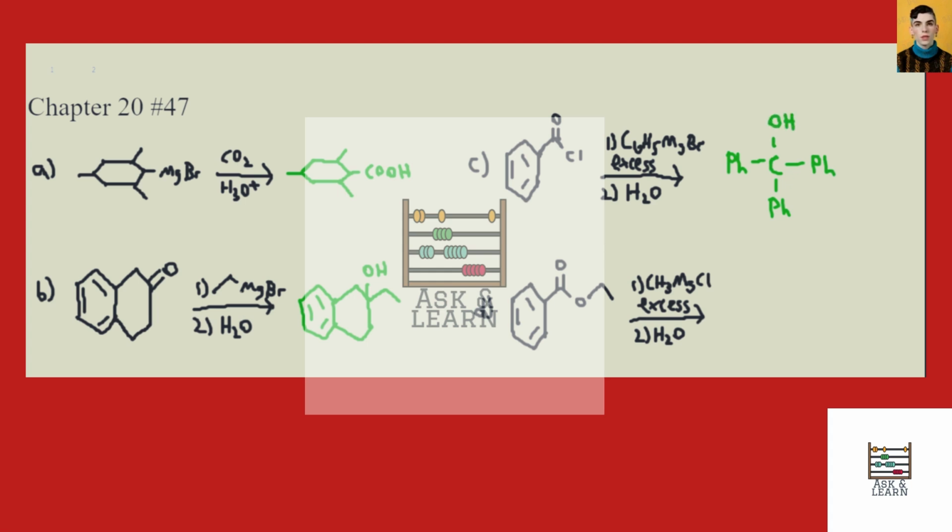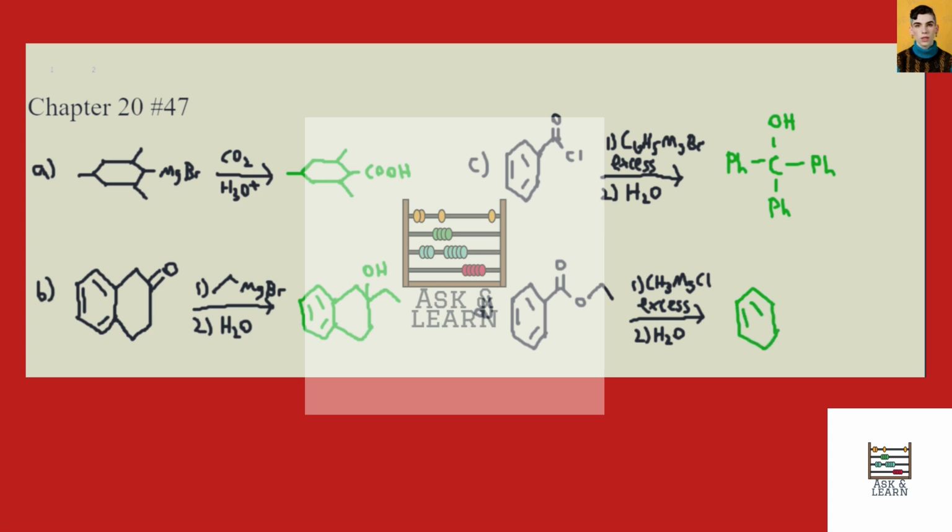Okay, for D, we're reacting an ester with excess Grignard reagent and then water workup. And so what we're going to get here is double addition of the Grignard reagent. So it's a methyl Grignard. And so we end up with our phenyl ring from the starting material.